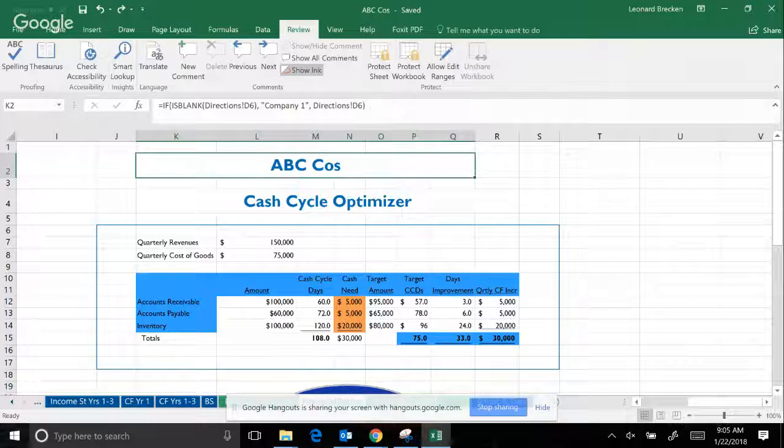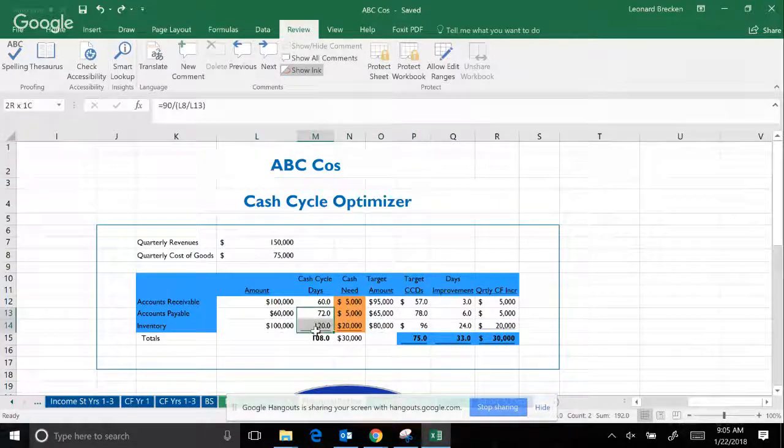Because they were running on very high inventory, their inventory days was 120 days, which is very, very long. We decided to reduce inventory as well as accounts receivable and extend accounts payable, because they weren't taking full advantage of their terms, and that freed up cash flow. Specifically, we reduced accounts receivable by $5,000, increased payable by $65,000, and reduced inventory by $20,000. That's a total of $30,000.